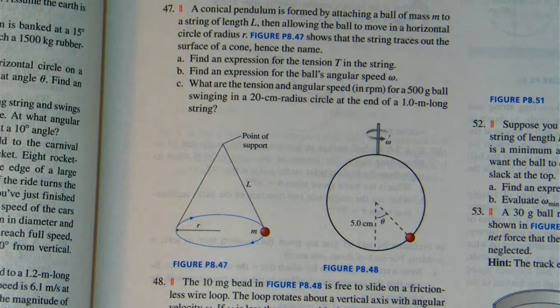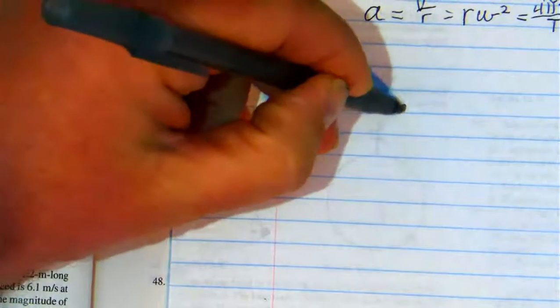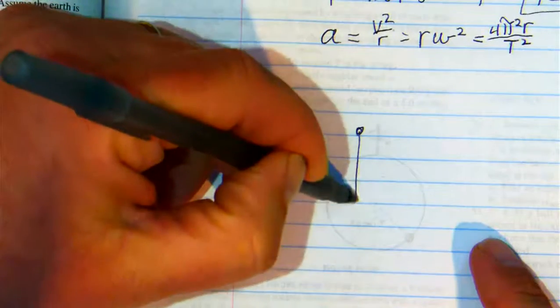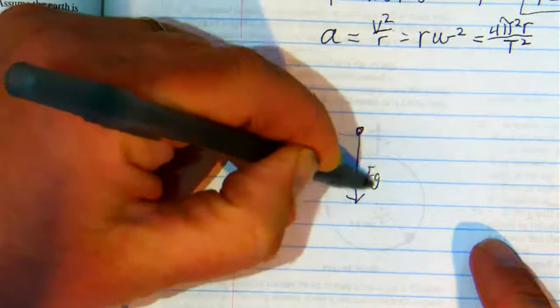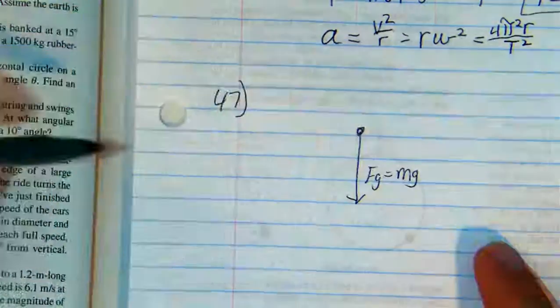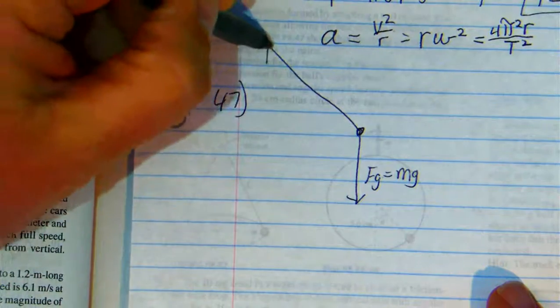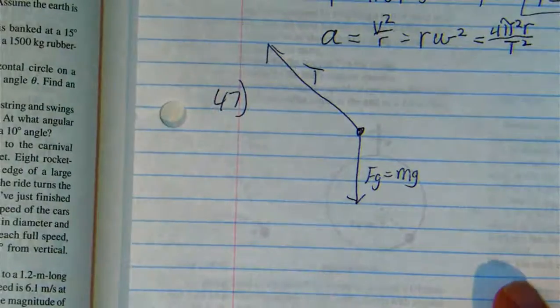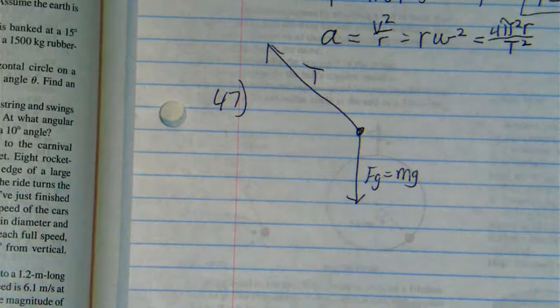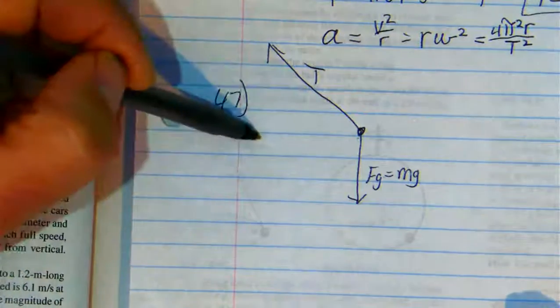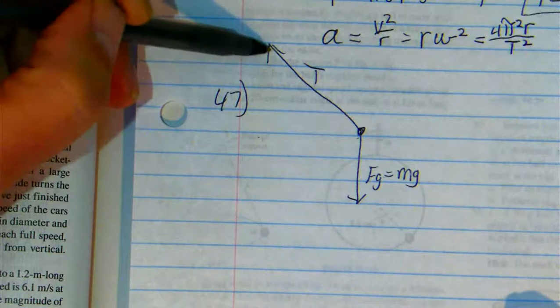So I suppose you probably want me to talk you through the solution while you leap ahead of me doing it. And in this conical pendulum, if you do a free body diagram, you have the force of gravity acting down towards the center of the Earth equal to the weight of the object. You have the tension in the string pulling it radially inward and lifting it upwards vertically.